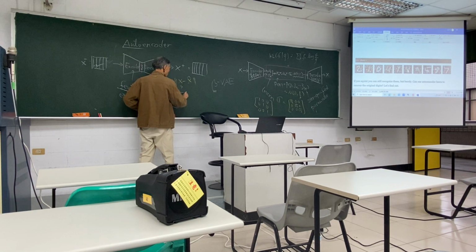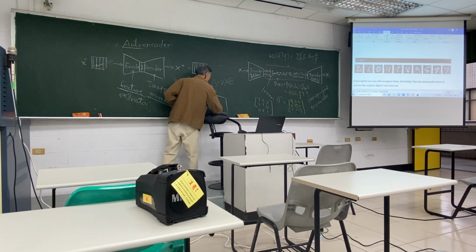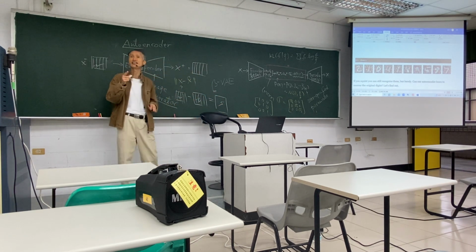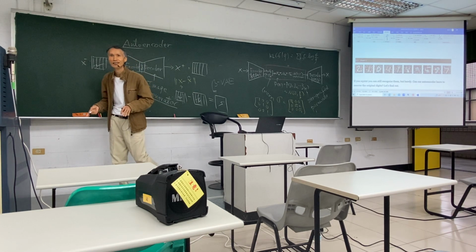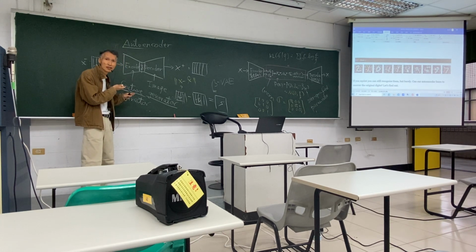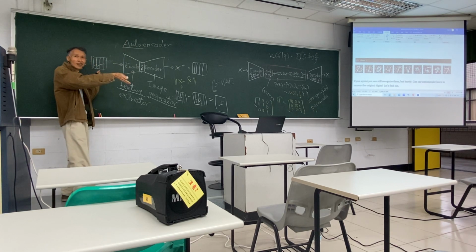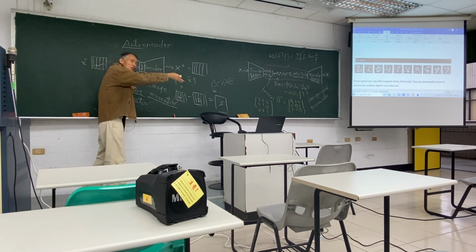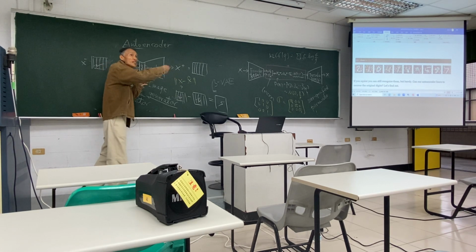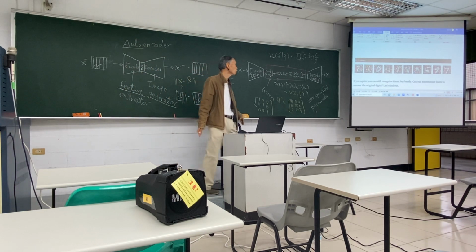Okay, you know what I'm saying? And then hopefully we can retain only the defect. But this is almost impossible. Why is it almost impossible? Because you need to prepare the pair of a defect and its corresponding normal sample. So it would be better to go for the VAE.